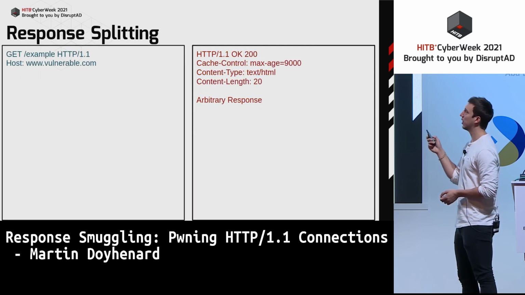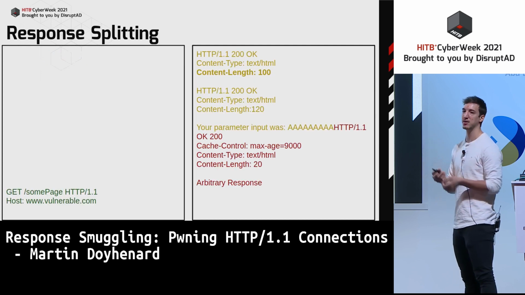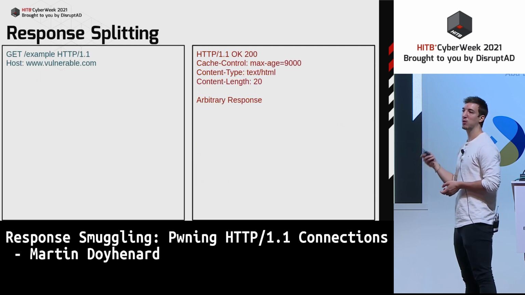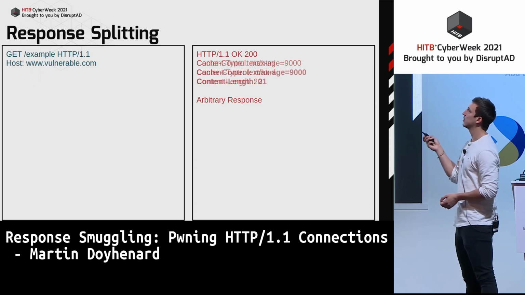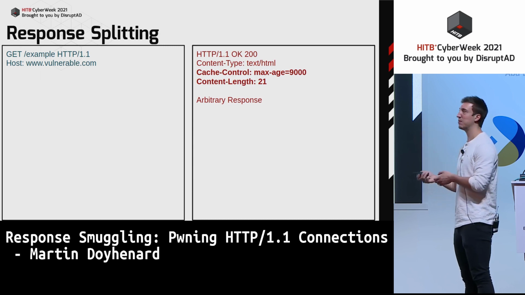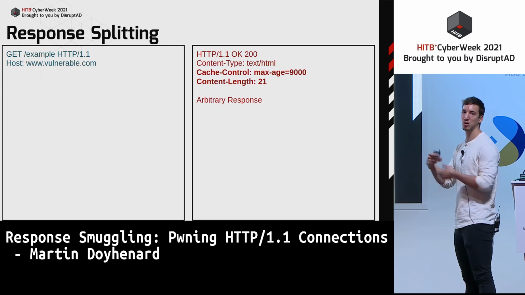But now the extra bytes, which were reflecting the parameter that the attacker sent, will create a new response. In the past, we would have a response that was invalid, so this would create a closed connection. But in this case, this response is a valid HTTP message, so it will also be delivered back to the attacker.